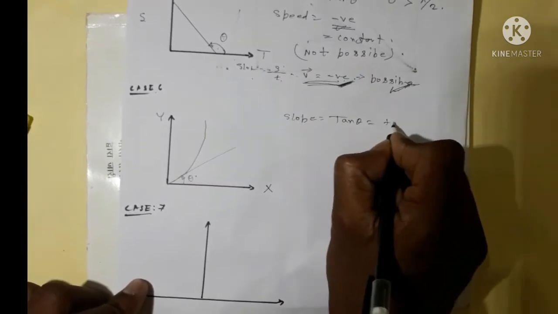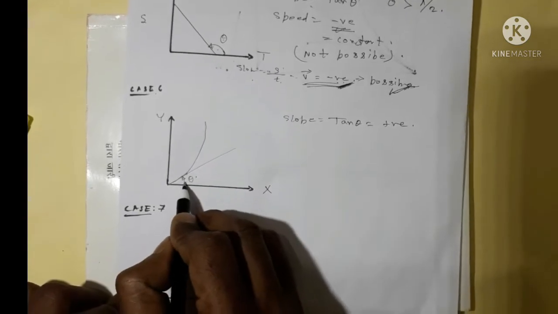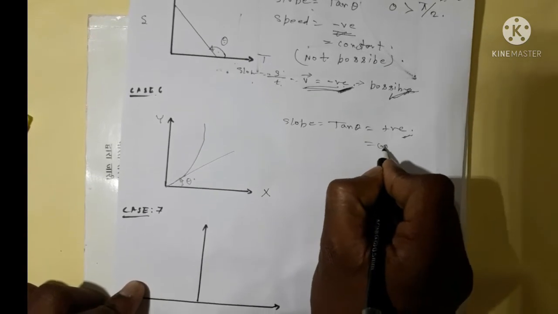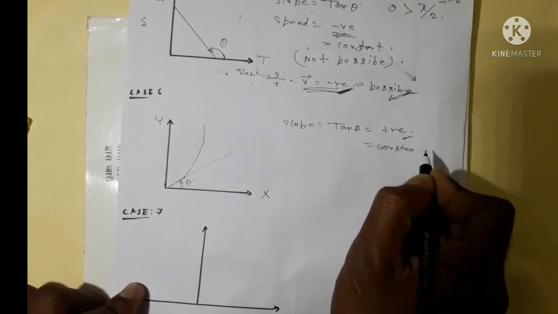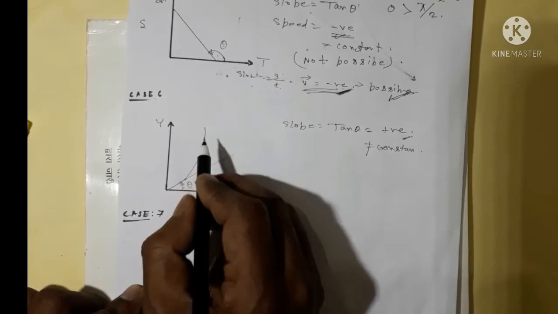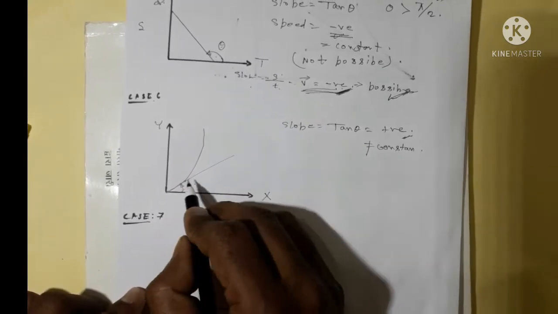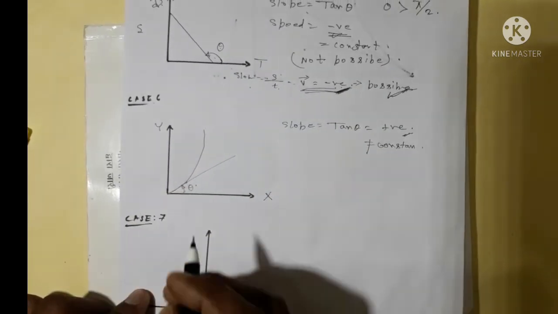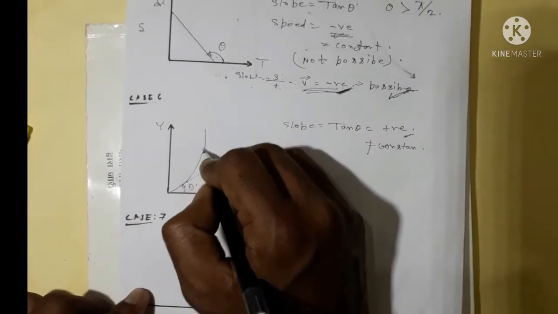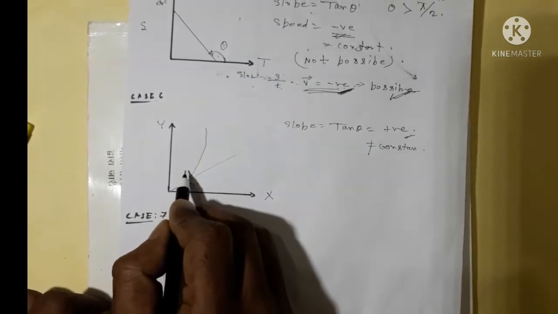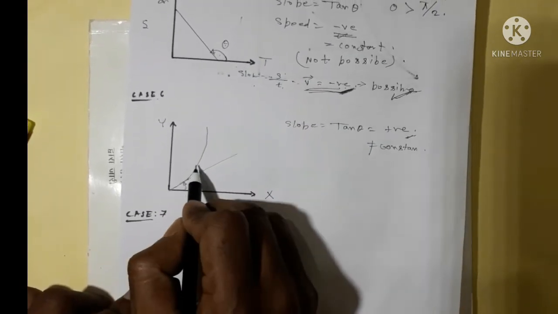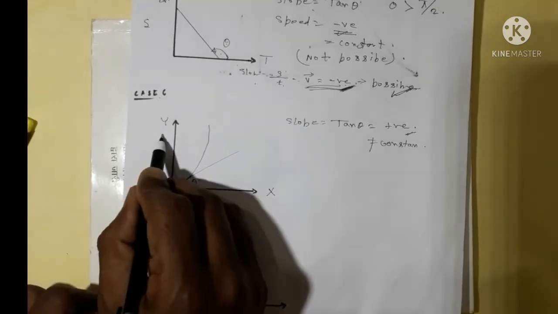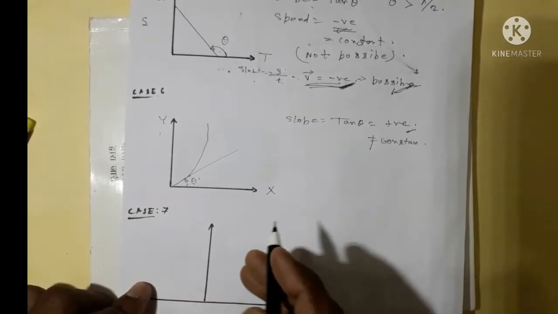Tan theta is positive because theta is less than 90 degrees. The slope is not constant, because this is not linear, not uniform motion, but a non-uniform type of graph. Non-linear in nature means the x-axis and y-axis do not increase in the same ratio.